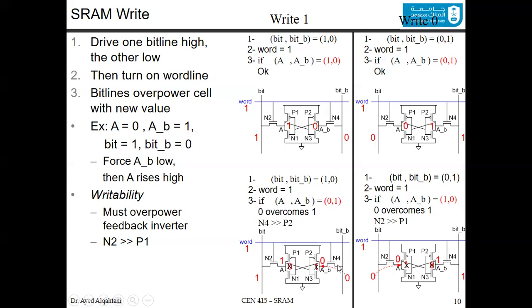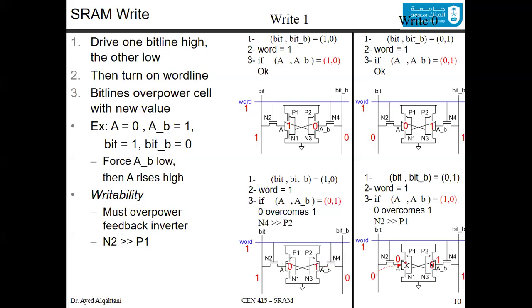Now, to make sure that this is always what will happen, and not the other way around, to make sure that the 0 is overcoming the 1, and not the 1 overcoming the 0, you have to make sure that the path of the 0 is stronger than the path of the 1. The path of the 1 is actually the PMOS. So let me go one step before.